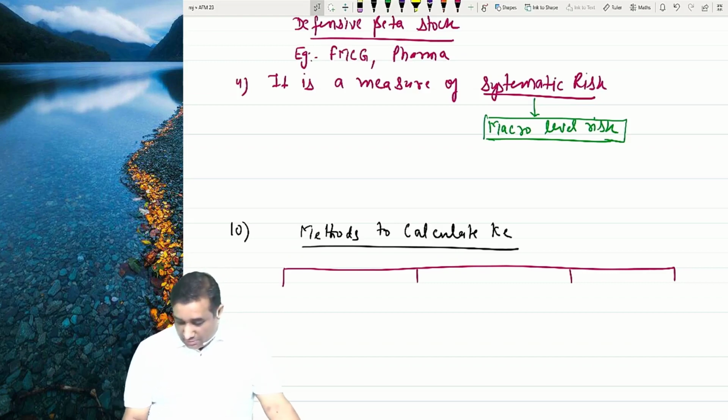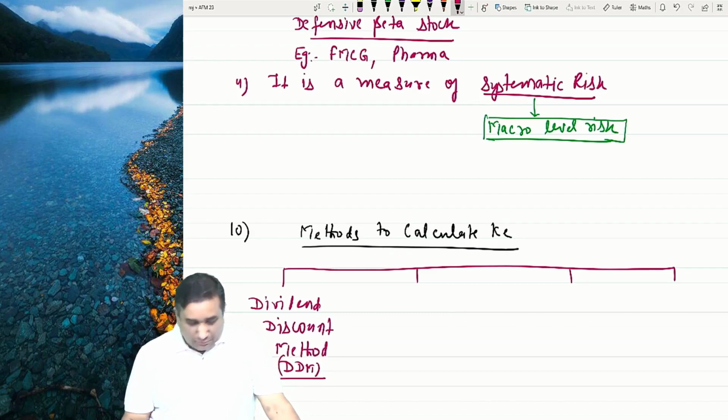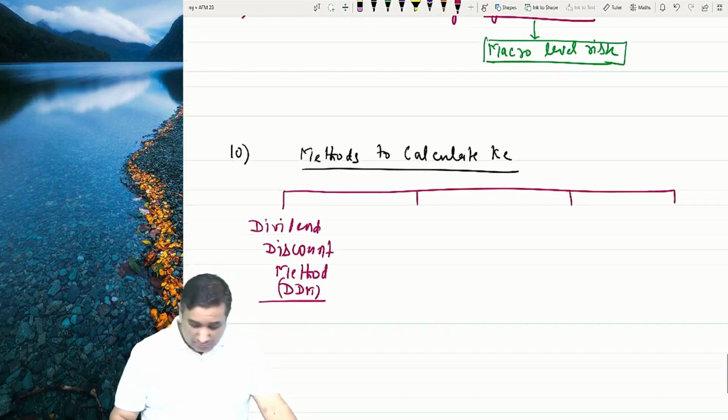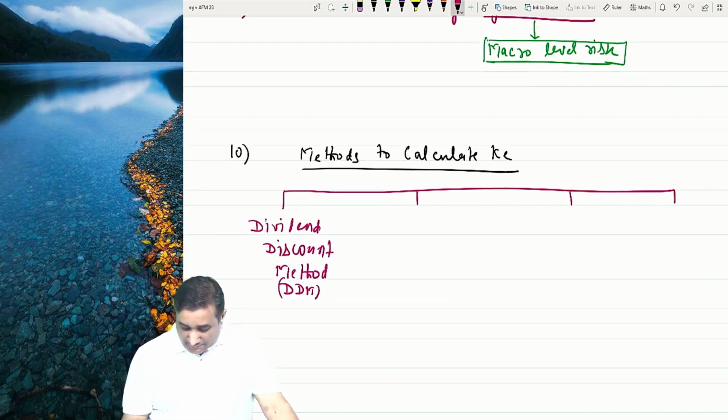One of the methods was the dividend discount method. DDM, you used to call it the dividend growth method also, although we'll cover this method in detail in one of the chapters.